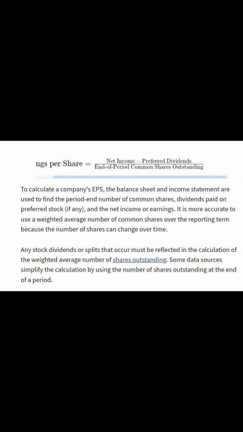So next we're going to tackle the formula and calculation for earnings per share. Earnings per share value is calculated as net income, also known as profit or earnings, divided by available shares, and a more refined calculation adjusts the numerator and denominator for shares that could be created through options, convertible debt, or warrants.